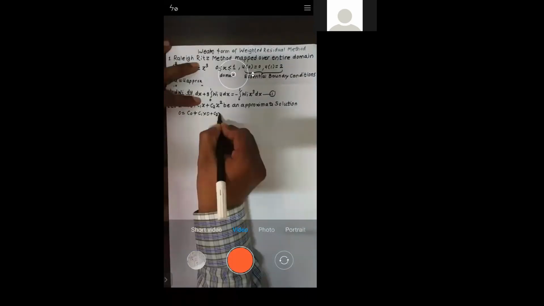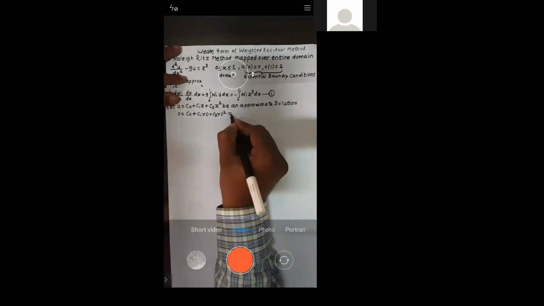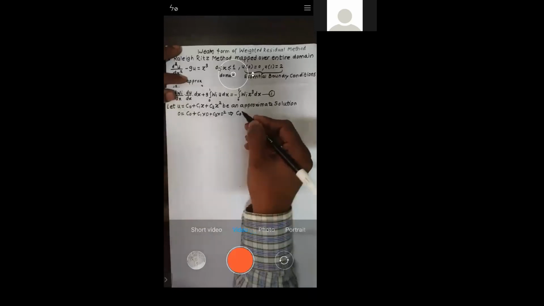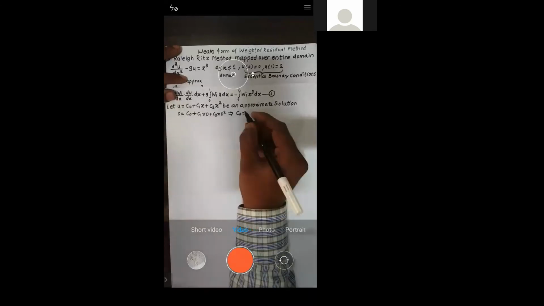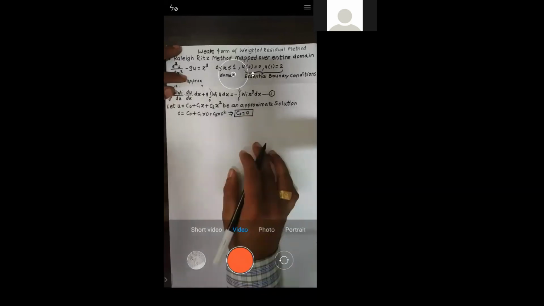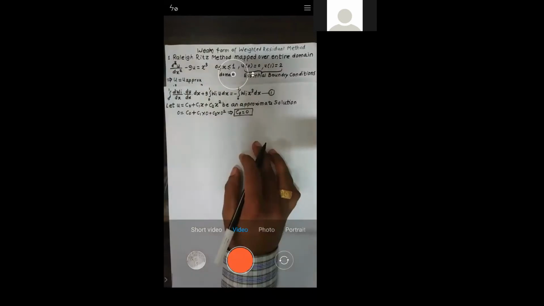From this, what value of c0 am I getting? 0. This is the first boundary condition, right? Yes or no? Okay.